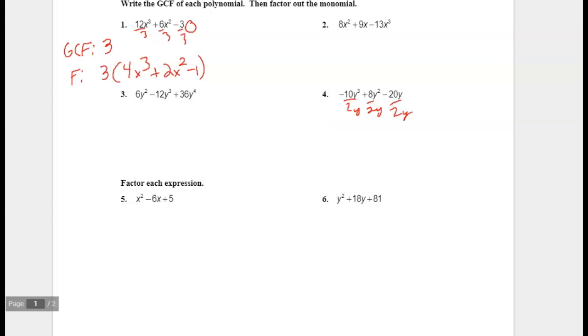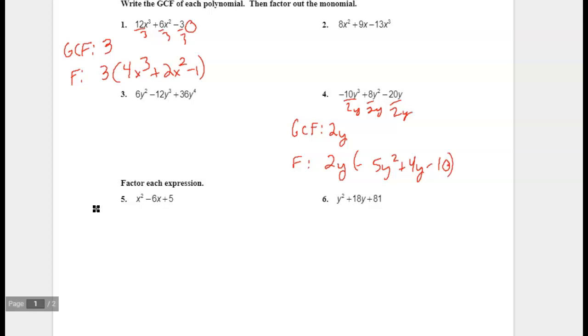So that makes my GCF 2y, and my factors 2y, and then in parentheses we have minus 5y squared plus 4y minus 10.